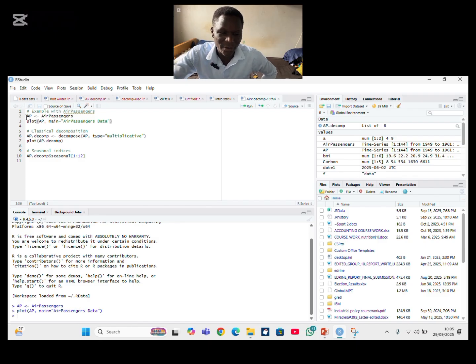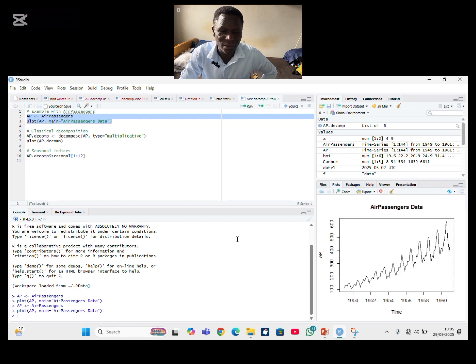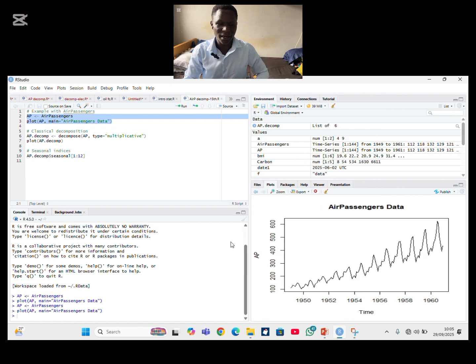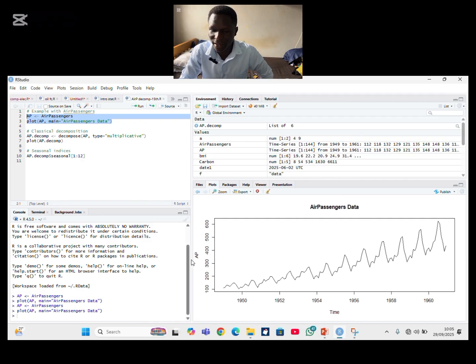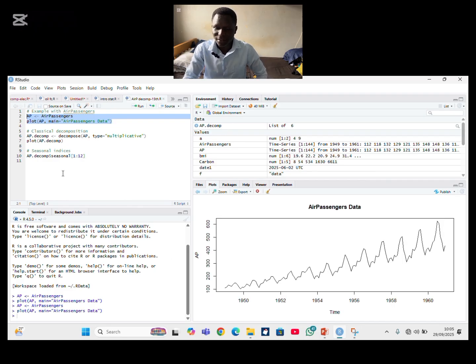That is line 2 and 3. In order to run these two lines, you will need to highlight them and press Control Enter, and you realize that in the corner here, our graph will be visualized. That is how you can visualize.